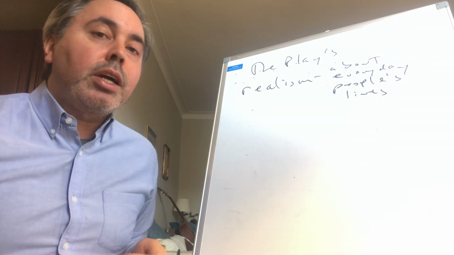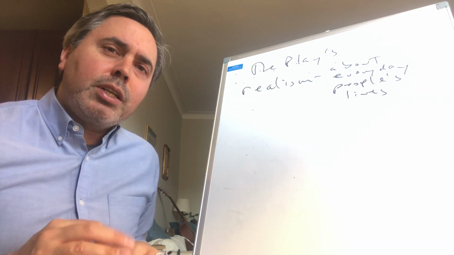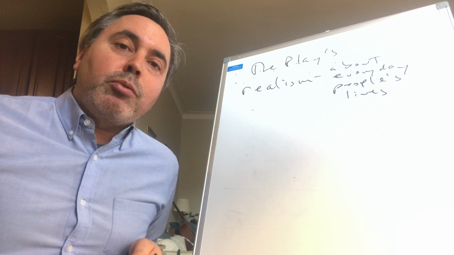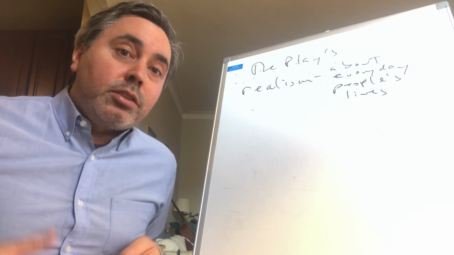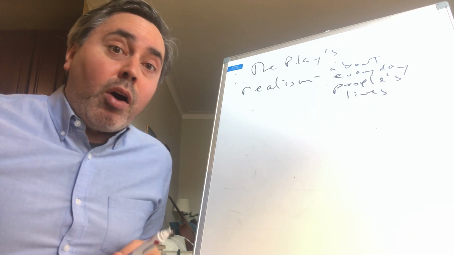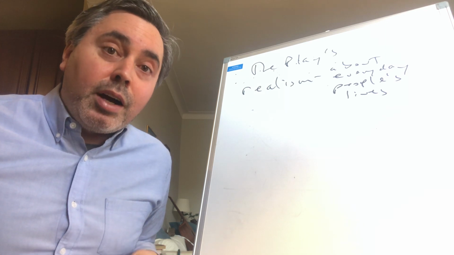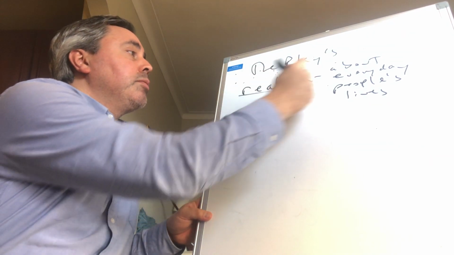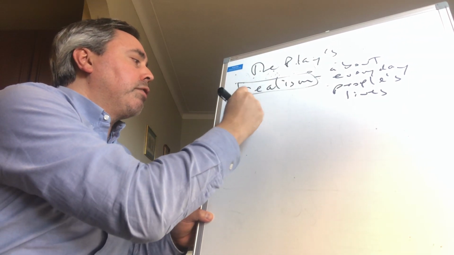So there's an art to realism, there's a difficulty, but there's also a wide open door that people like Ibsen were able to walk through, because everyday people's lives are the stuff of drama. They are fascinating.